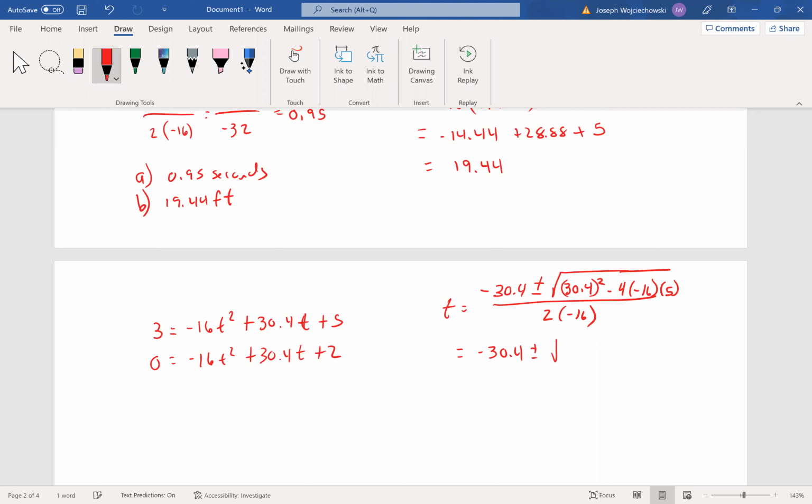Plus or minus the square root of 30.4 squared, which is 924.16. This becomes plus 4 times negative 16 times 5, plus 320, all over negative 32.